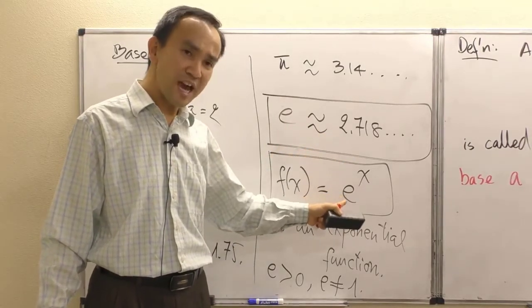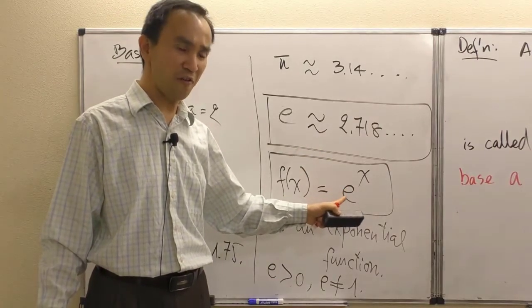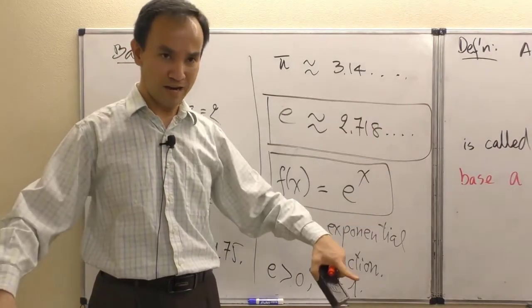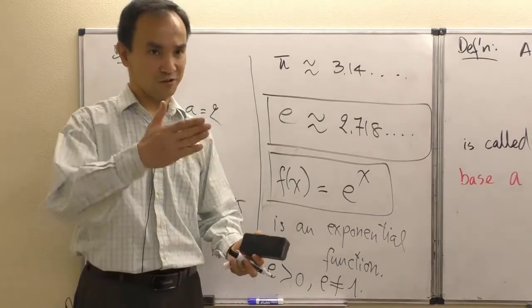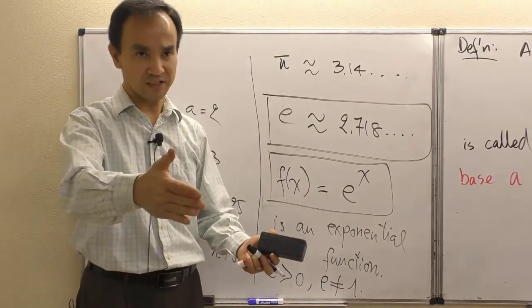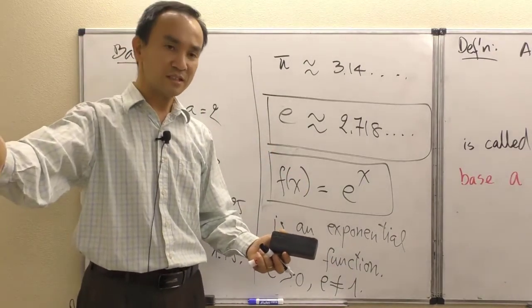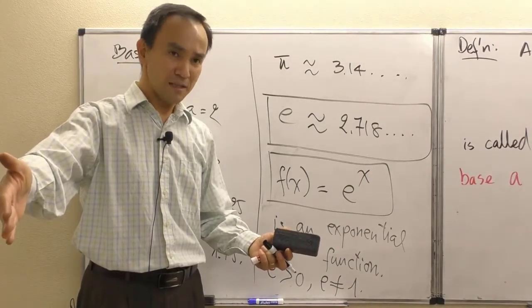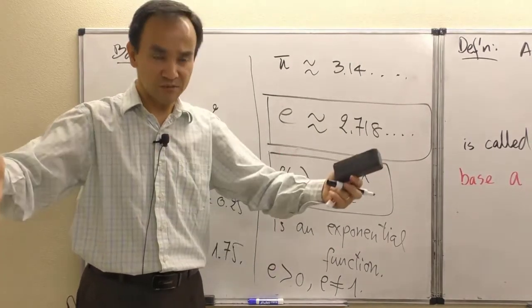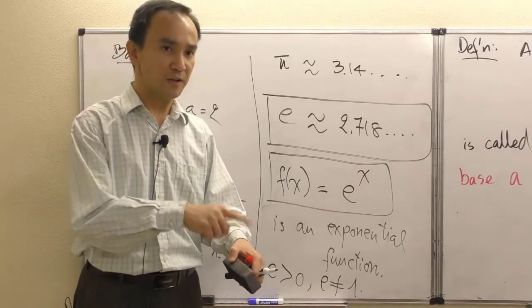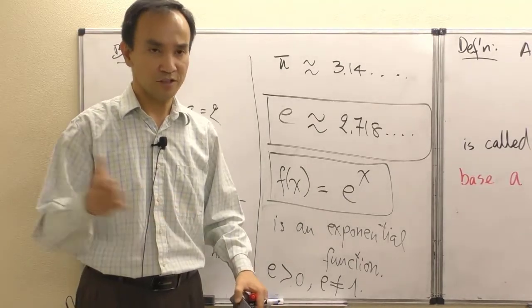But e to the x as an exponential function has a huge amount of applications out there. It goes from, like I said earlier, business math problems to social and economic math problems, and all kinds of science math problems like chemistry, physics, okay, and of course in math.